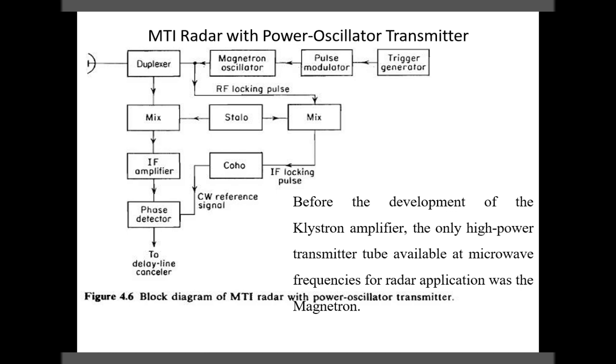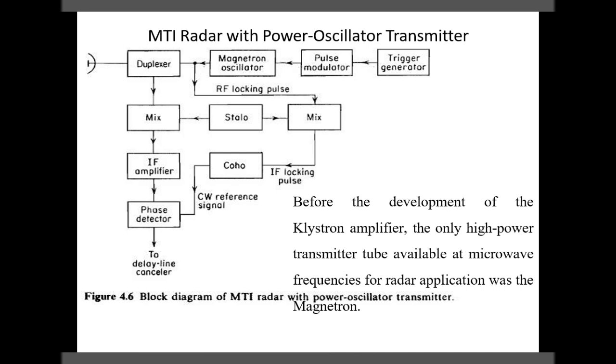When this signal is transmitted towards the target, it will reflect back the echo signal, but while reflecting, it will change the frequency and the phase of this echo signal, indicated as fD. Then this changed frequency signal is compared in the mixer along with the STALO, that is a stabilized oscillator.